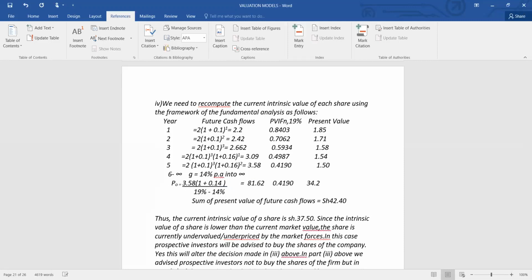And now that that is the situation we have found ourselves in, year 6 up to infinity, we value a share using the dividend growth model. The most recent dividend is 3.58, which will grow at 14%, divided by 19 minus 14%.